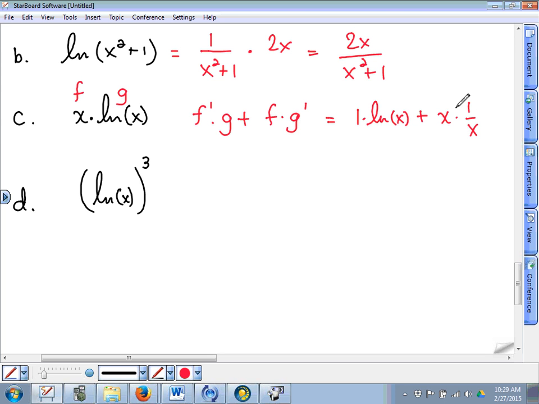Well, x times 1 over x is 1. And then 1 times ln x is just ln x. So it's natural log of x plus 1. That's your answer. That simplified quite nicely. Okay, part D.